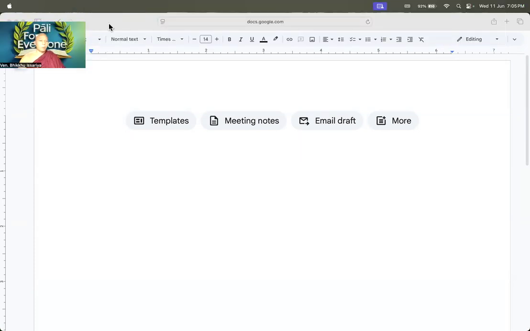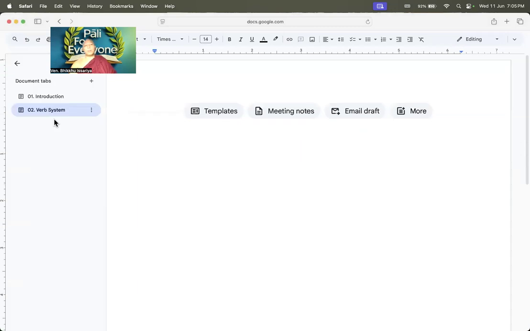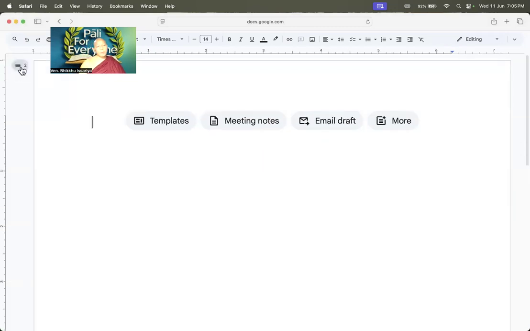So, today we will learn the Pāḷi Verb System. Previous day, we have already introduced the alphabet in Pāḷi and also the groups. So now, Pāḷi Verb System.